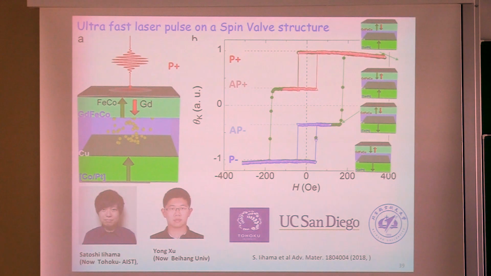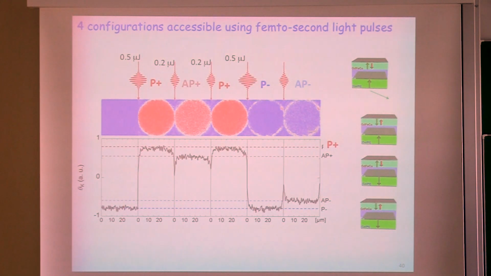And in this system, the interesting result is that with a single pulse, you can go to the 4 different magnetic configurations, to the 2 parallel states, to the 2 antiparallel states, meaning that with one pulse, you can either switch the gadolinium and cobalt alone, or switch both and switch the cobalt platinum. So this is the first observation of cobalt platinum being switched with a single pulse and no coupling between those two layers.